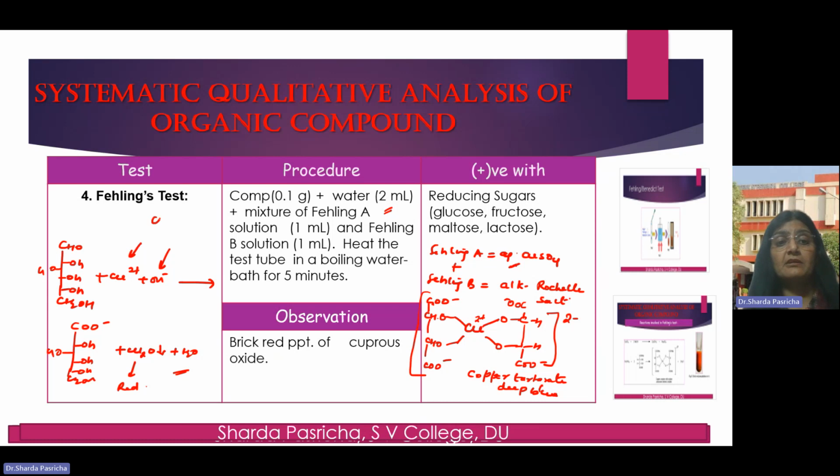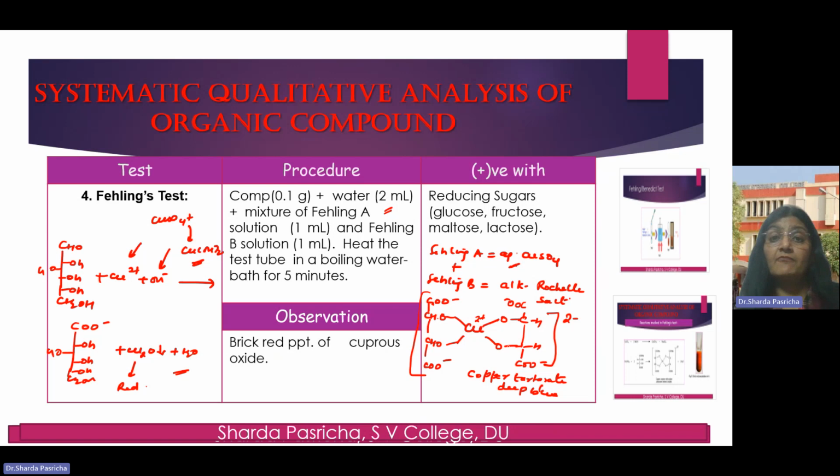The copper sulfate, if you dissolve it in alkali, it precipitates as copper hydroxide. So the cupric ions are no longer available in solution for performing the test. That is why copper sulfate and the alkali are kept separately. When you mix them together, cupric ions are held in this complex by the Rochelle salt.